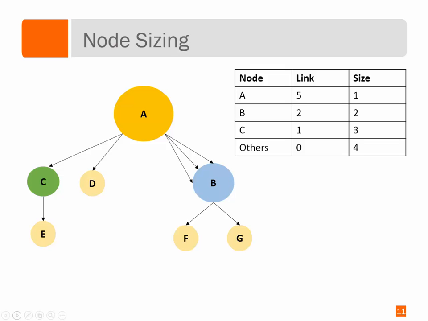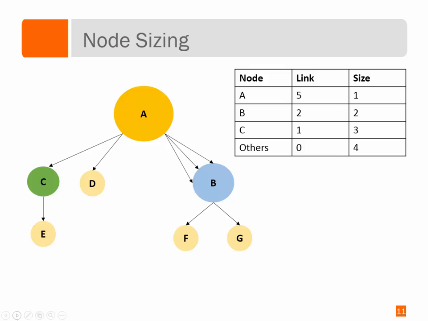So in this example, in our table, we have represented nodes A, B, C, and then we've also represented the others, which would be D, E, F, G. Now, how have we sized these? Let's take a look at the other columns in our table. Node A has 5 different links, or 5 relationships, or 5 edges.